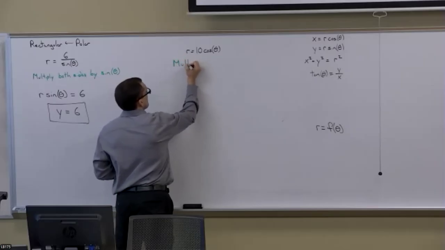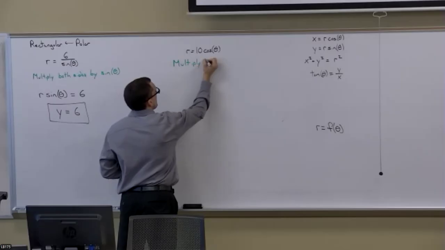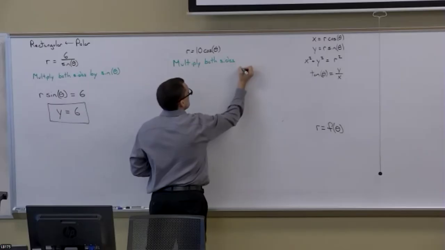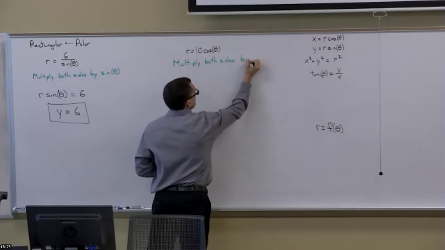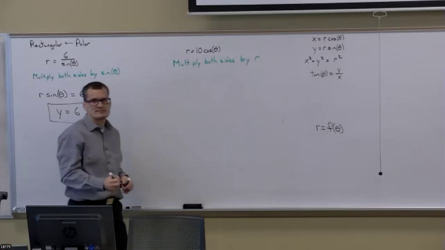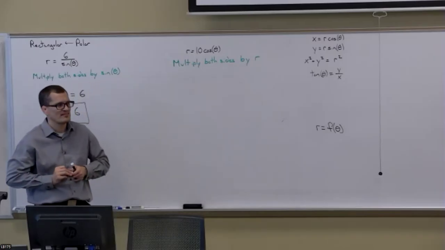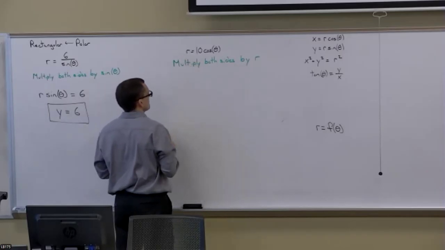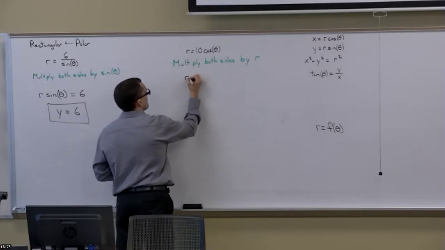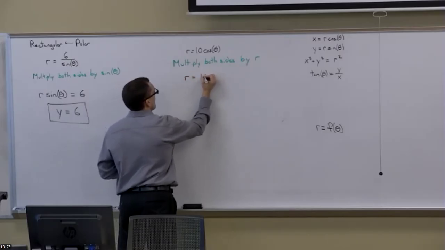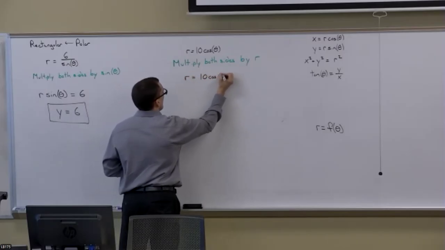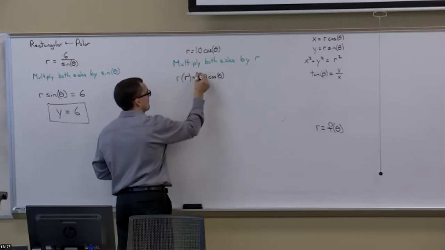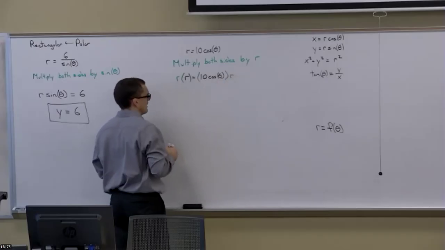The key thing here is to multiply both sides by r. If I multiply the left-hand side by r, well, I guess I can write this again. And then multiply the right-hand side by r.